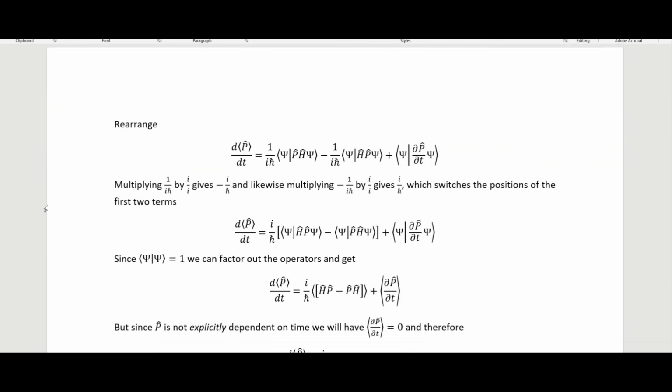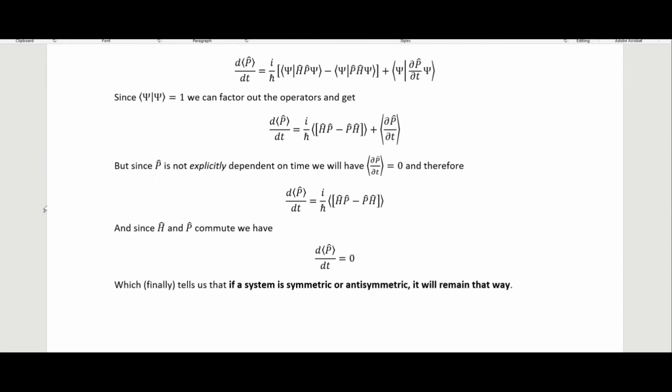I'm going to rush past a lot of that and cut to the chase. So once again, we know that the Hamiltonian and this exchange operator commute, and so when we have the derivative of our exchange operator with respect to time, it ends up being equal to this commutator here.